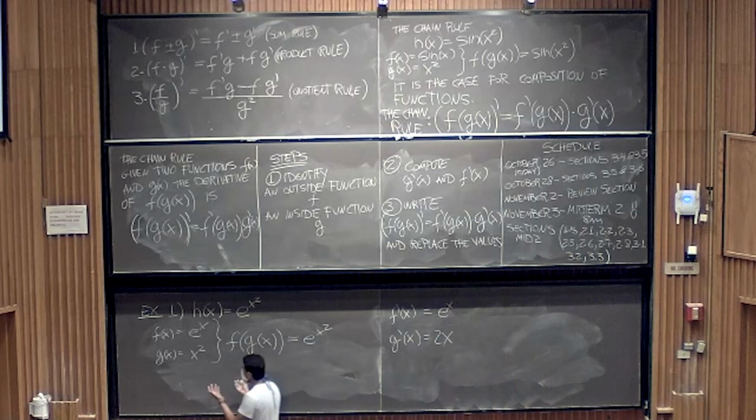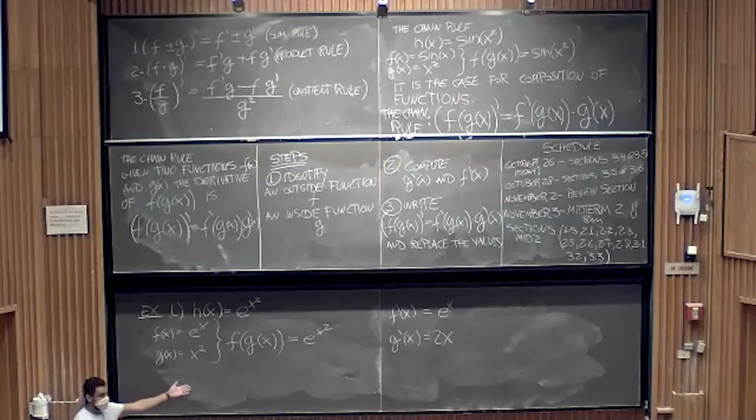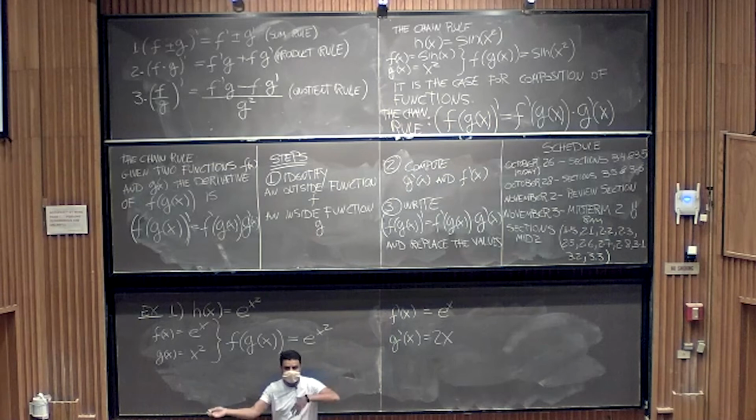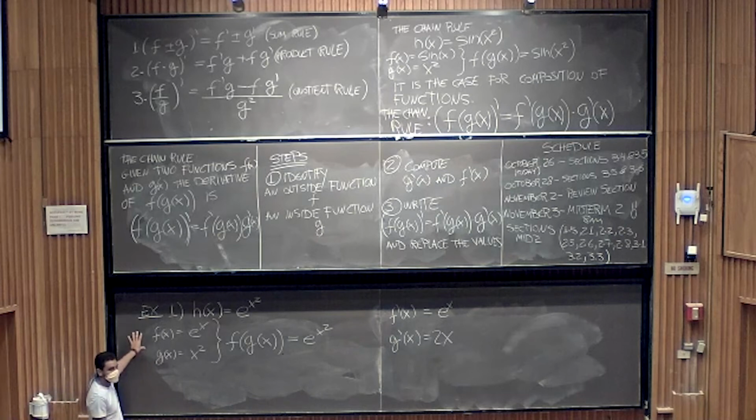I consider step 1 the hardest one, because after that it's just whatever you already know about the derivatives of polynomial, derivative of exponential, derivative of logs, power rule, you're just gonna apply here. The first one is the hardest one. Identify which one is f, which one is g, in my opinion.